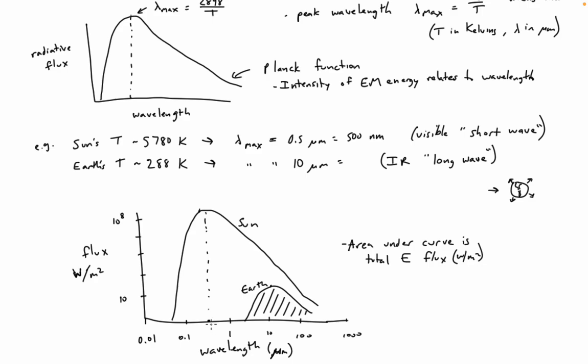So you can see that even though the sun's peak wavelength is quite a bit smaller, in the invisible range, it still emits more energy in the infrared spectrum than the Earth does.